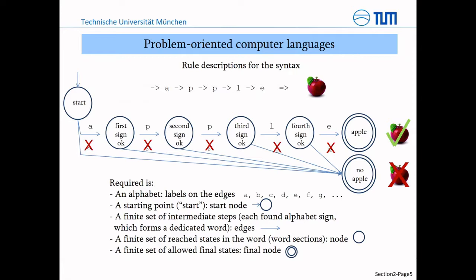Each found alphabet sign, which forms a dedicated word, goes to the correct endpoint. If we don't find it, we go to an error situation. And then a finite set of reached states in the word, which define the different steps from the beginning to the end point, and one or more final states. So we have one starting point and we have one or more final nodes, and therefore we have paths through this graph to these final nodes.